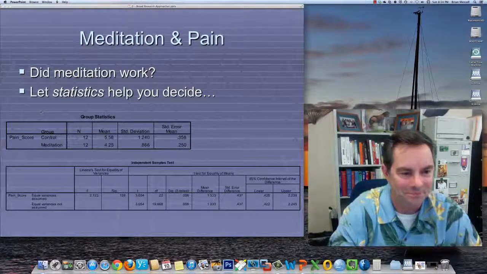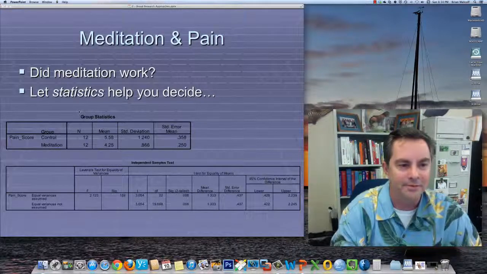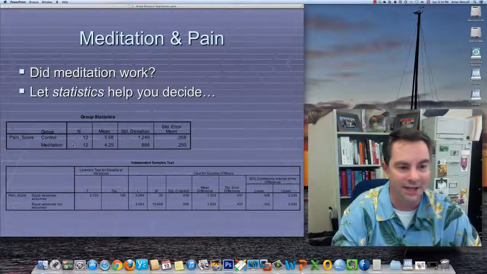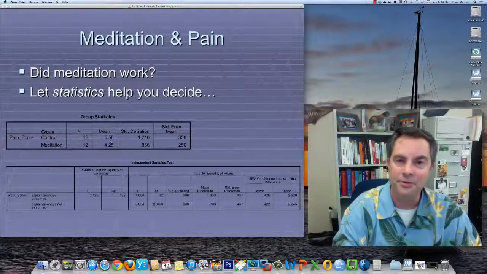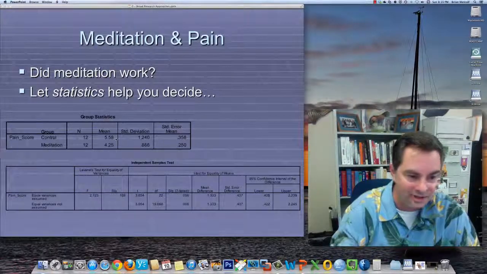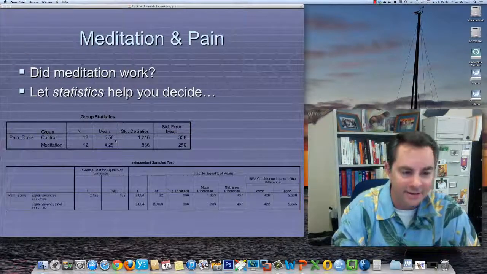Okay, so the first table that SPSS produced is just some simple descriptives. All right, so there are the two groups, control and meditation. The N means the number. There were 12 people in each group. There are those two means that those bars were made from. All right, and so like I said, it looked like it was a little more than 5.5, 5.58, and I guessed correctly.